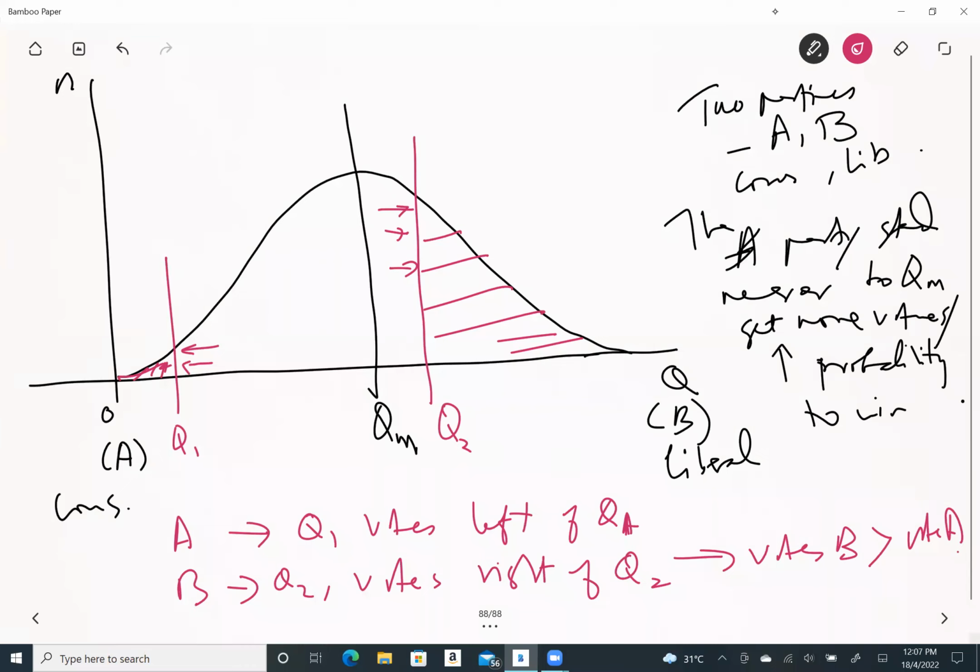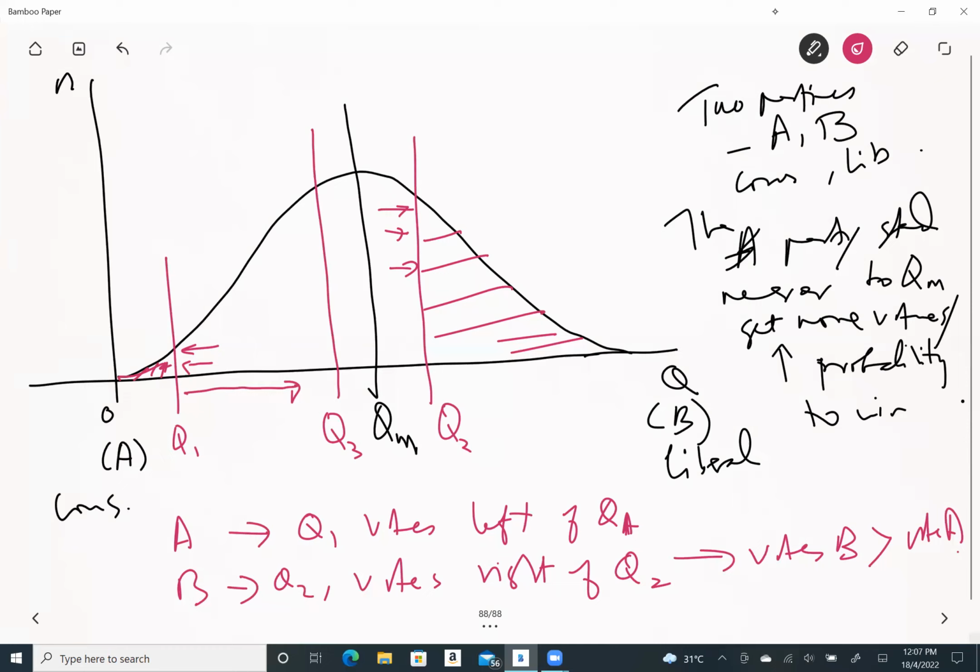A will also move their position toward Q, say Q3. As you can see, the vote of A will increase.